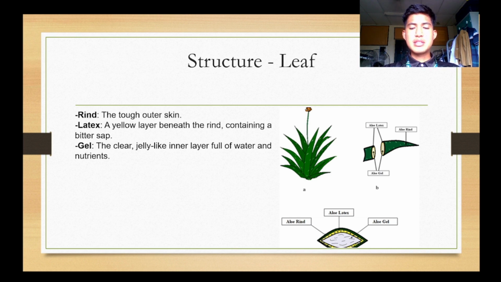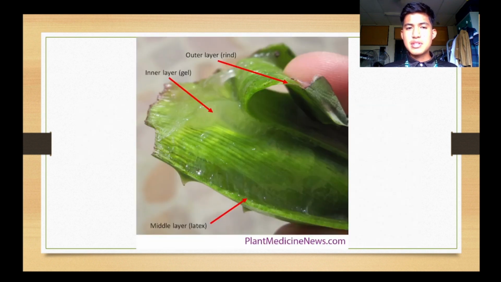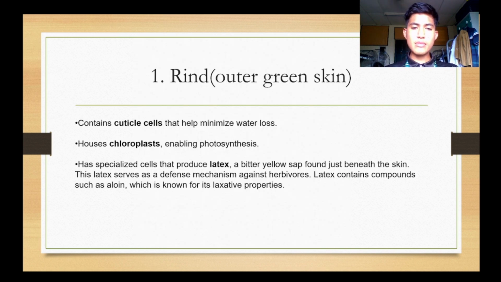The rind is the tough outer skin, the latex is the yellow layer beneath the rind, and the gel is the clear jelly-like substance, and it's full of nutrients. As you can see in the picture, the rind is on the outside, the gel is on the inside, whereas the latex is in between those two.